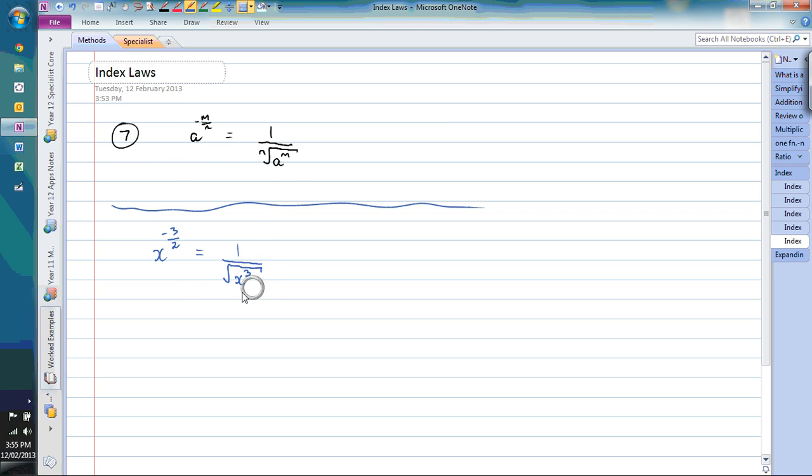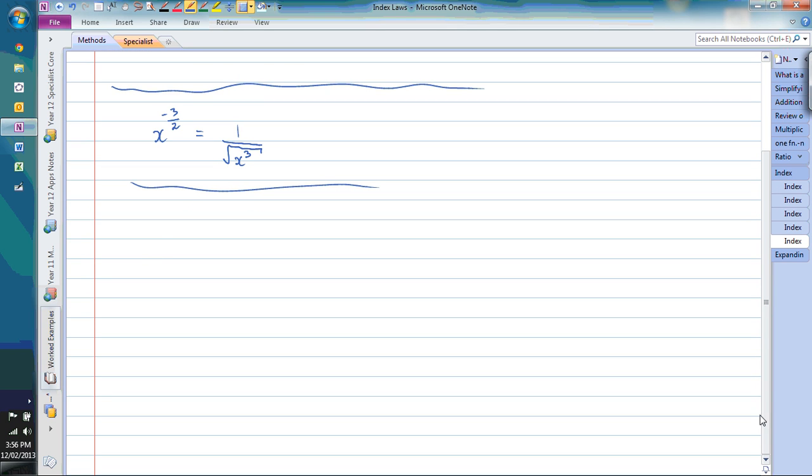That's the quick method using this law. If you're a bit lost on that, it's sometimes helpful to do it the long way until you become familiar with how this is going to work. And I'll show you the long way. x to the power of negative 3 on 2. I can write that as x to the power of 3 on 2 all to the power of negative 1.